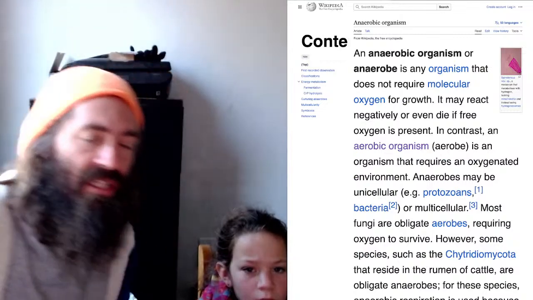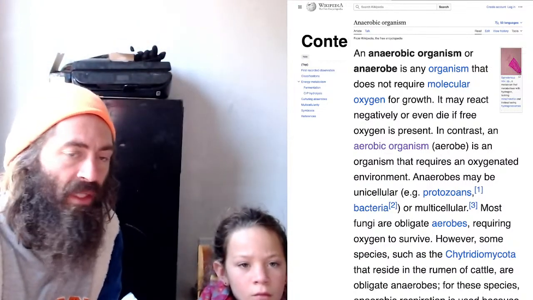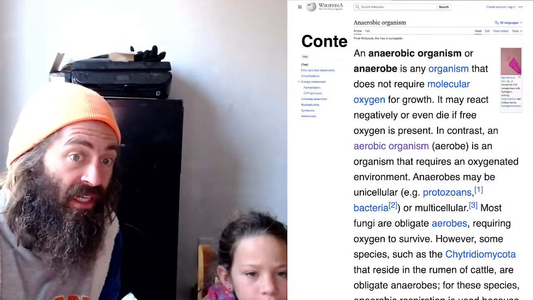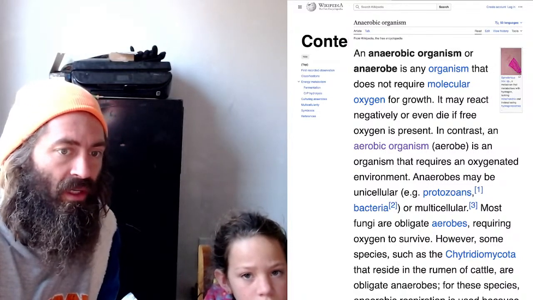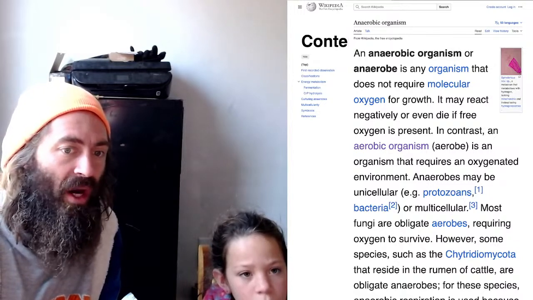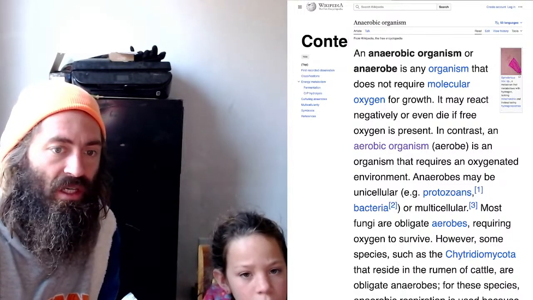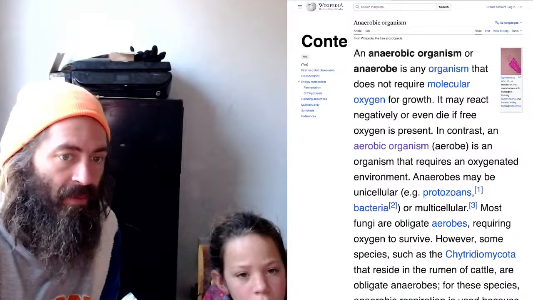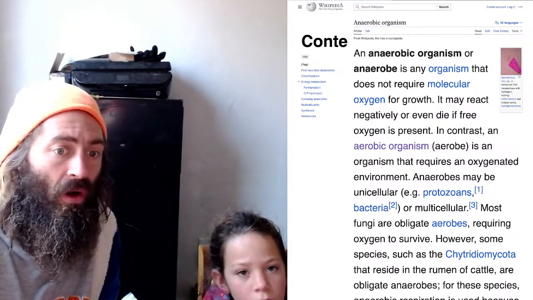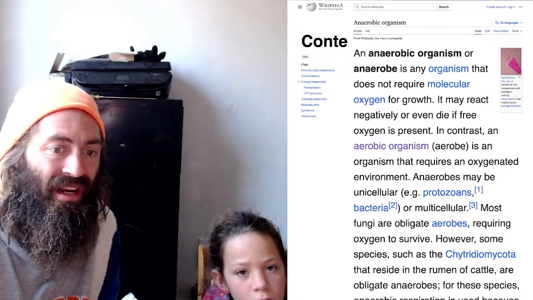An anaerobic organism, or anaerobe, is an organism that does not require molecular oxygen for growth and may react negatively or even die if free oxygen is present. In contrast, an aerobic organism, or an aerobe, is an organism that requires an oxygenated environment. Anaerobes may be unicellular, e.g. protozoans, bacteria, or multicellular. Most fungi are obligate aerobes requiring oxygen to survive.